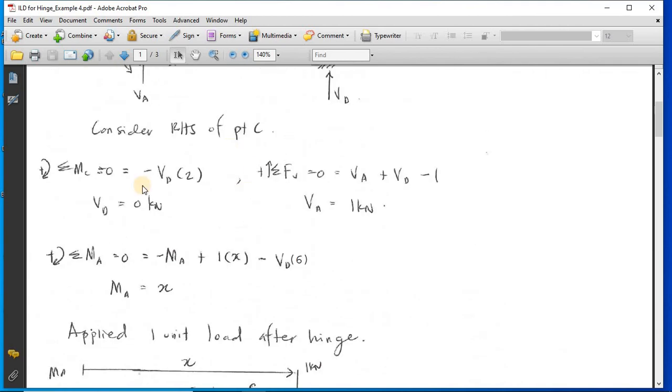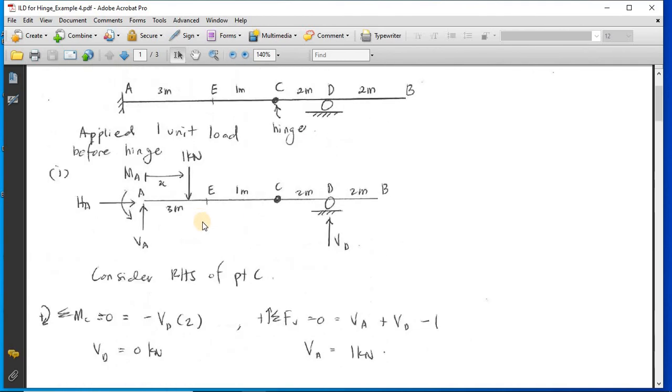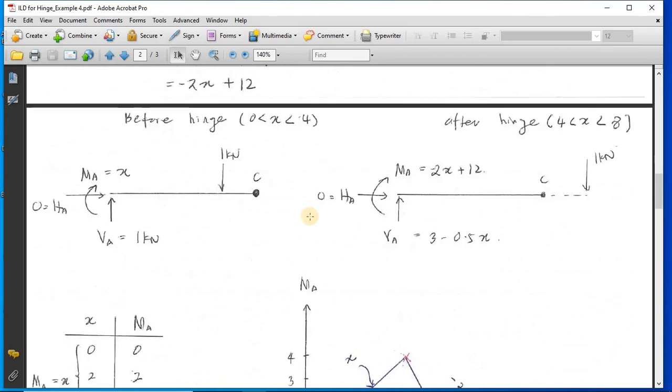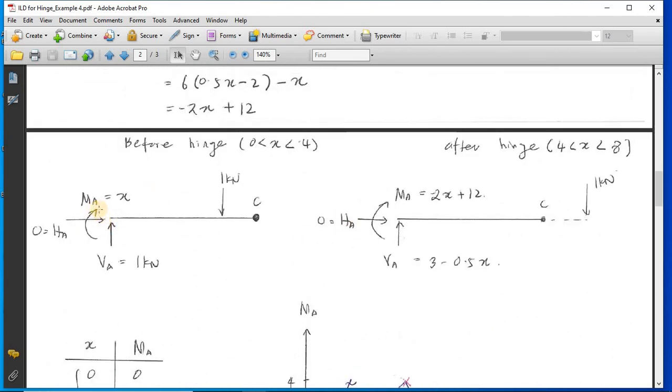So this is the first step, before hinge, and this is the second step, after hinge. You can see that this is MA equal to X, and this is MA equal to negative 2X plus 12. Similarly for the VA, this is from the first set, and this is from the second set.